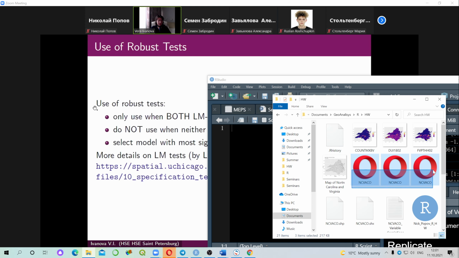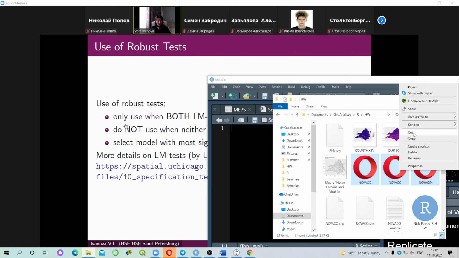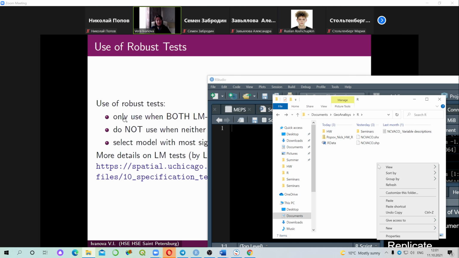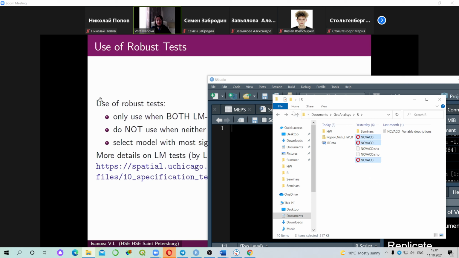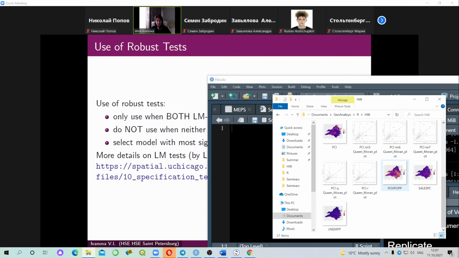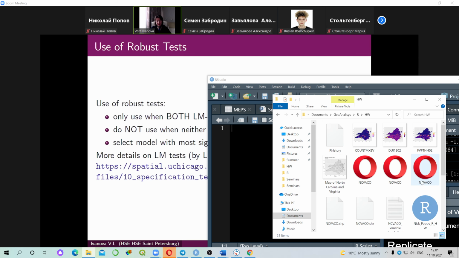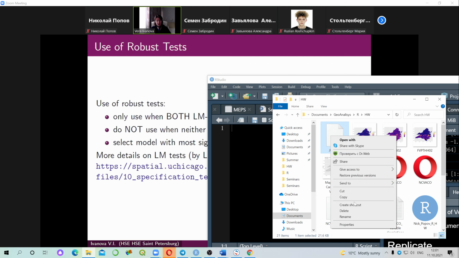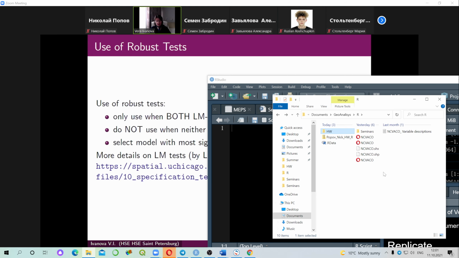And the rule is that for the robust tests, we need to use them only when both LM error and LM lag reject the null hypothesis, that is, they are both significant.